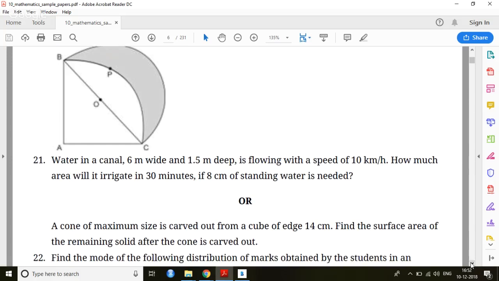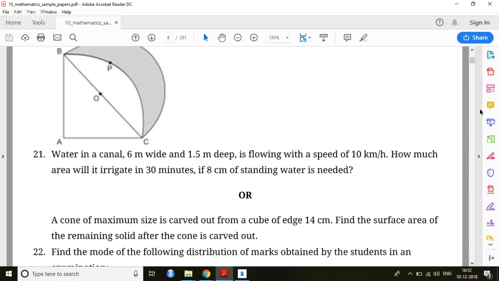Okay, this is question number 20. Then question number 21 is also on the screen now.